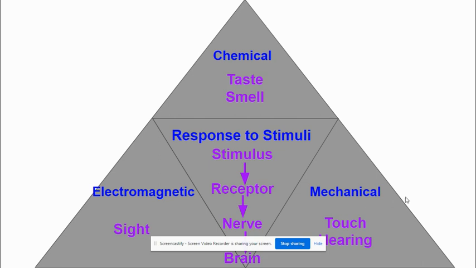Mechanical is the last kind, and there are 2 things here. So we have touch, which involves physical pressure, and hearing, which involves physical movement of our eardrum, which will move the air or the structures or the liquid within our inner ear. So with touch, we will have receptors that will pick up pressure, and we also have receptors that will pick up hot and cold.